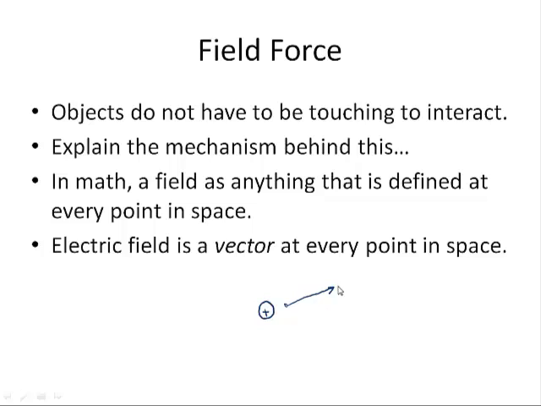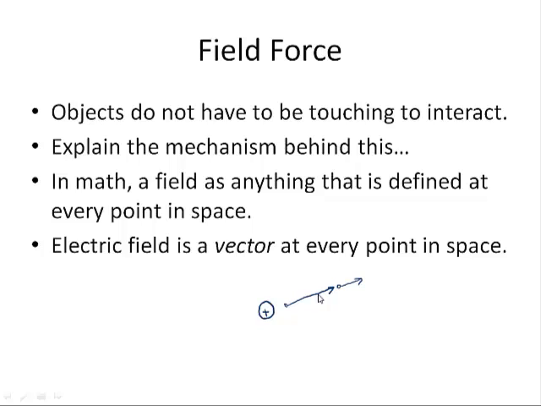If we put a positive test charge in this location in space, it would also feel a repulsive force away. But notice that the magnitude of these vectors has to do with the relative magnitude of the force that this test charge will feel. Here, closer to the source charge, the test charge will feel a greater force than if the test charge was placed here a little farther away.